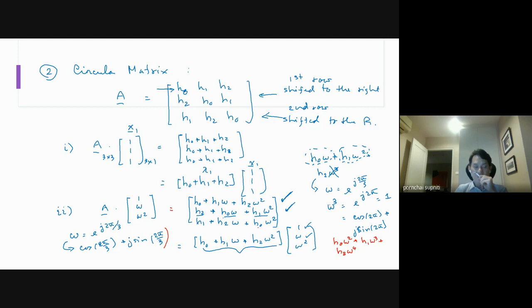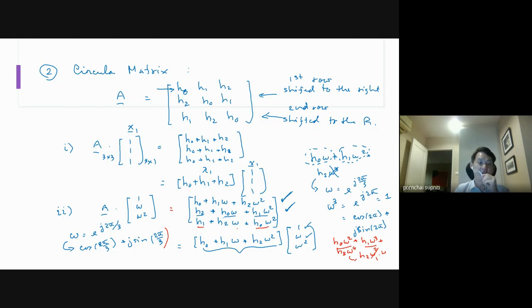H0 omega squared is the same here, H1 omega cubed becomes H1, and H2 omega to the fourth is H2 omega cubed multiplied by omega. This is 1, so I have H2 omega.